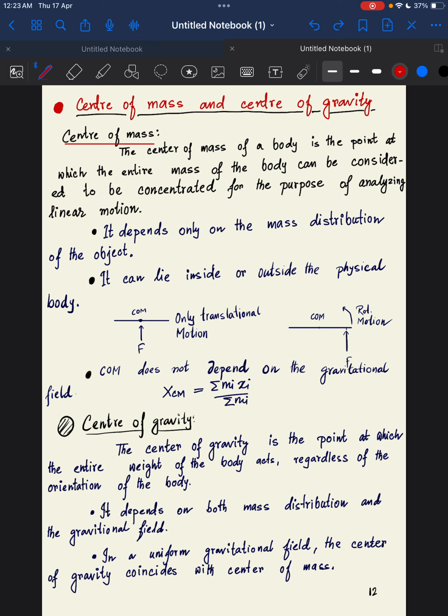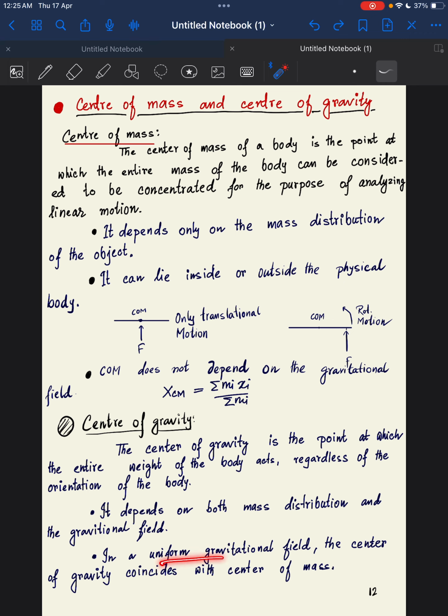Let's say we have a body like this and this is the center of gravity. Let's say the earth is only pulling this point, so all the weight is concentrated here. So this is center of gravity. So in center of mass, mass is concentrated; in center of gravity, weight is concentrated, and it depends on gravity. So it depends on both the mass distribution and the gravitational field.